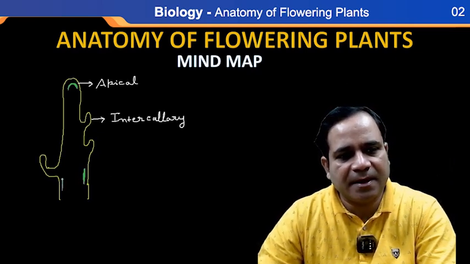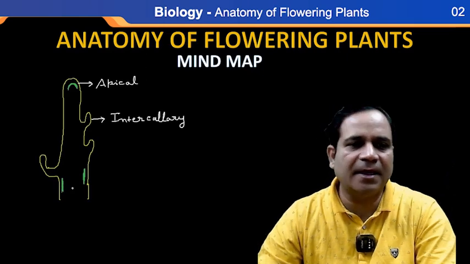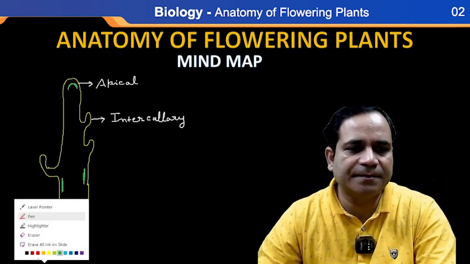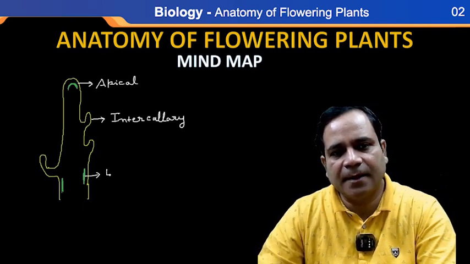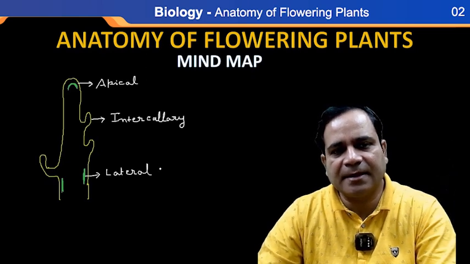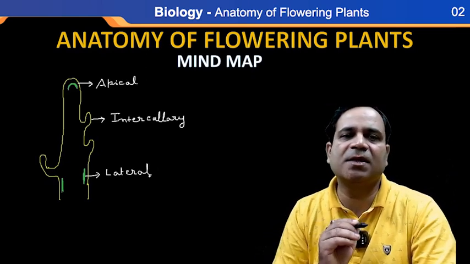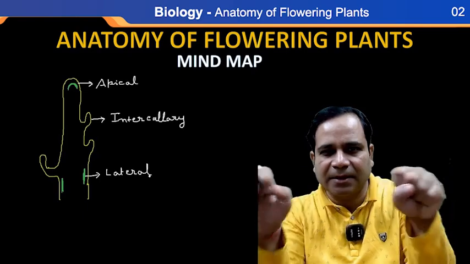See what I'm writing here, this one is the lateral meristem. This lateral meristem is responsible for the growth in girth of a stem.